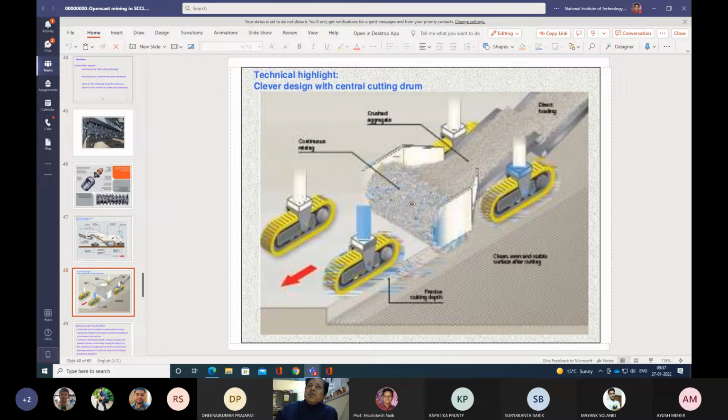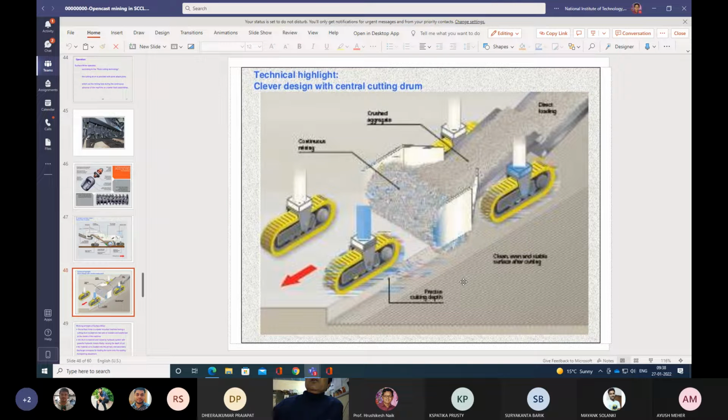So the material is cut, and after cutting, it is fed to the belt conveyor, and through this belt conveyor it is transferred to another belt conveyor, and the machine moves in this red color arrow direction. So this is the method of cutting with the help of surface miner technology.